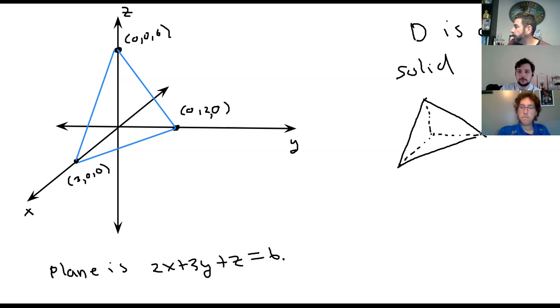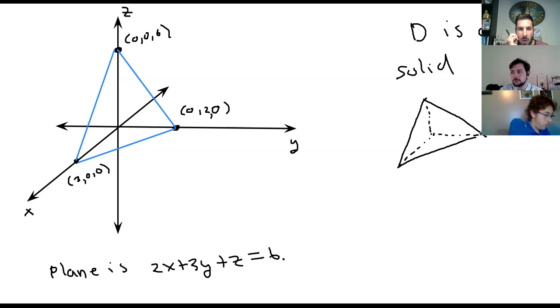Okay. So we need to describe D because that's what we want to integrate over. If you look at the problem, I say there's 6 ways that you can integrate. There's dx, dy, dz, there's dx, dz, dy. How do we want to do it?